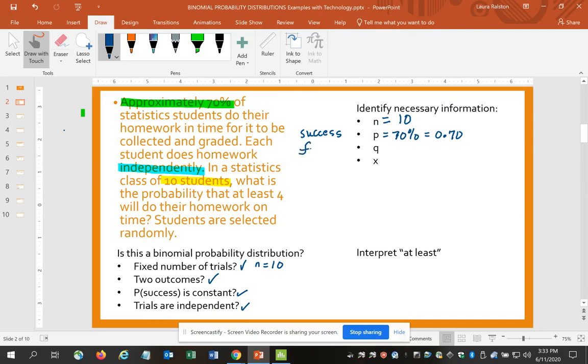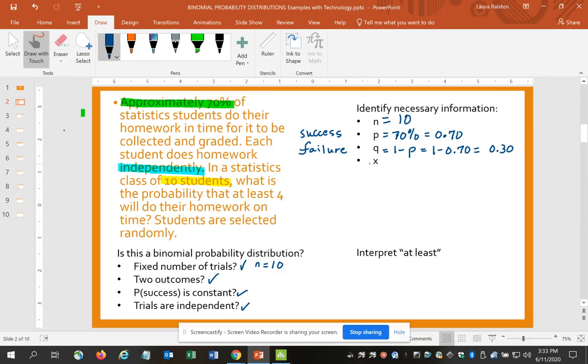Q is the probability of failure. It's not stated in the problem, but we can calculate it because it's 1 minus P, or 1 minus the probability of success. So 1 minus 0.70 is 0.30, which is my probability of failure.